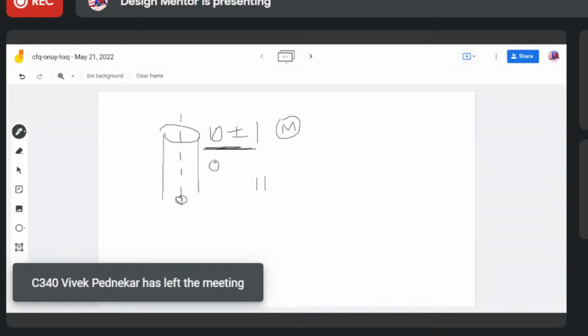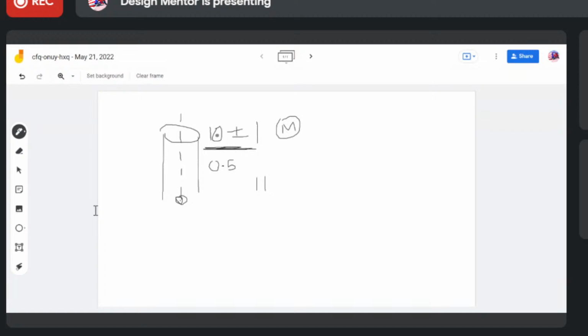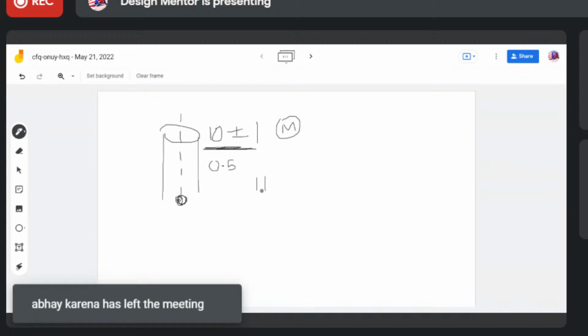That could be, let's say, 0.5. Size tolerance we have like this, 10 plus minus 1, and this is the positional tolerance, that the shaft can move. It can be a little on the left side or a little on the right side, or wherever it moves within this 0.5 mm.